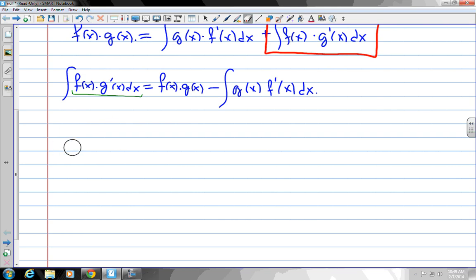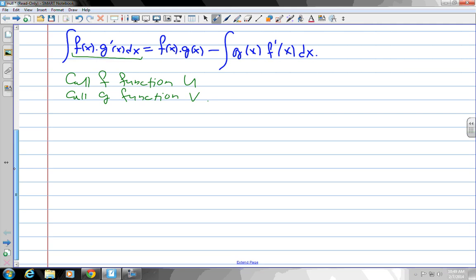Now I'm going to change the notation a little bit just to get closer to the book, because this is a little messy. I'm just going to call f function u and call g function v.